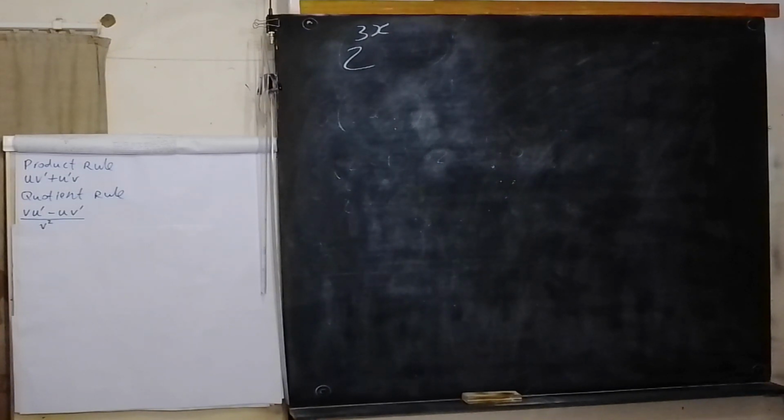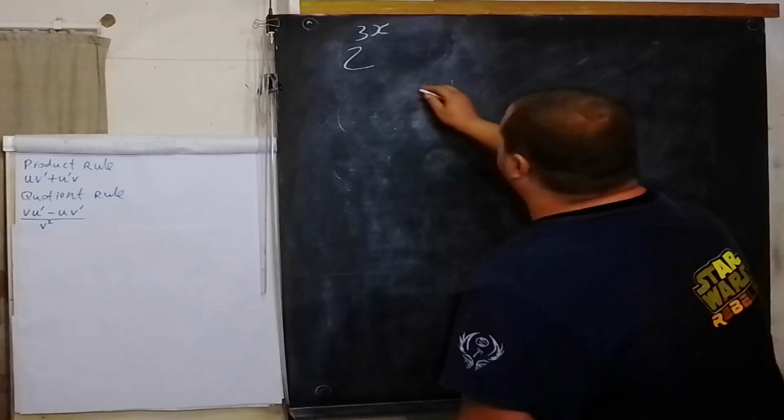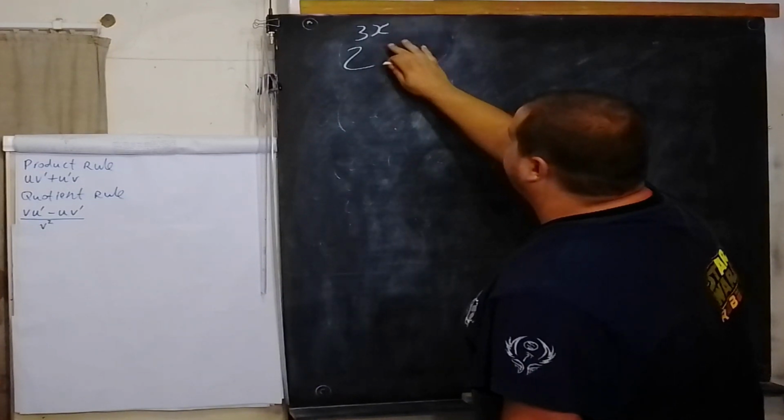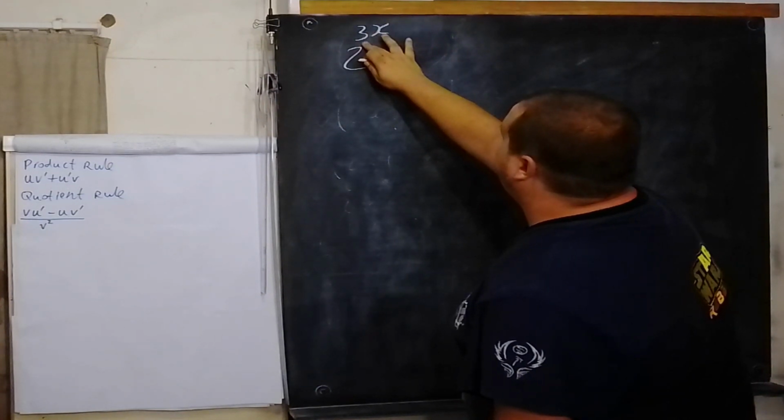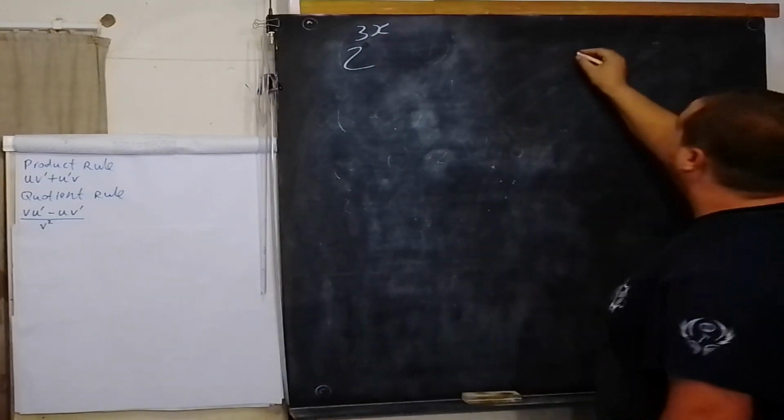It is still the chain rule. You can only use u substitution with a chain rule. So how it works is you say, in this particular case, u will equal 3x.